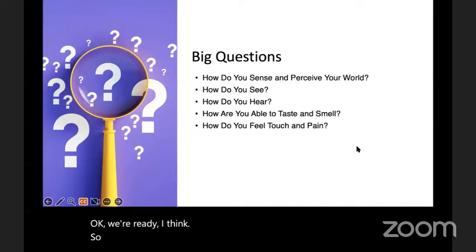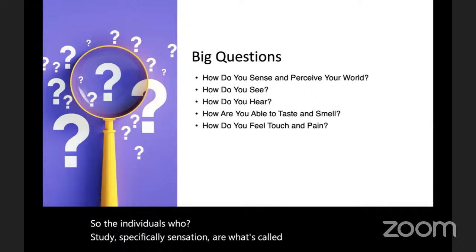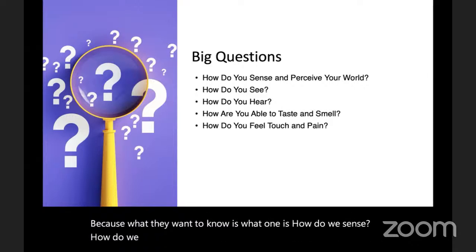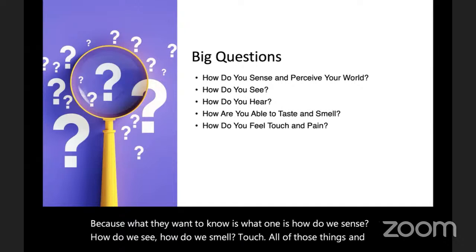So the individuals who study specifically sensation are what's called psychophysics. Okay, because what they want to know is how do we sense, how do we see, how do we smell, touch, all of those things, and taste.